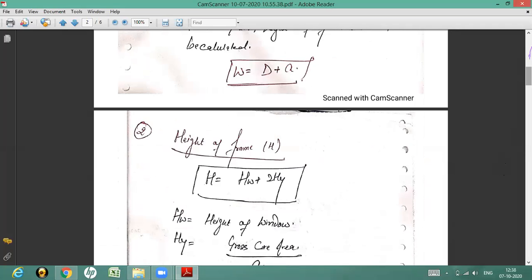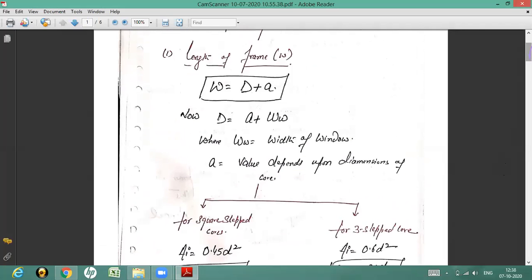Now in the frame design, we see how the width, or length, of the frame and the height of the frame can be calculated.